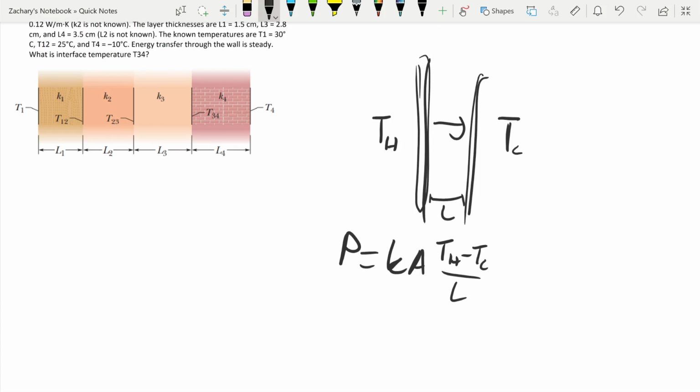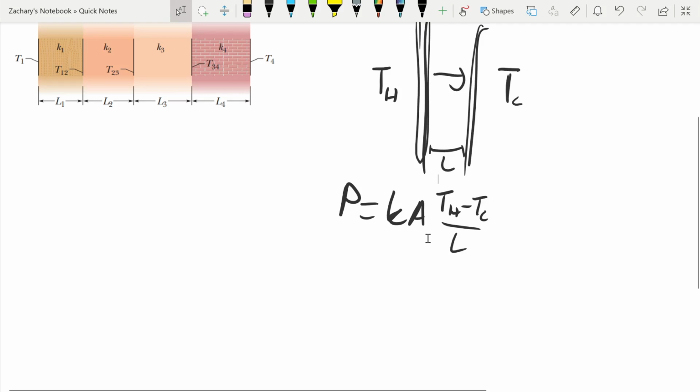Intuitively, the thicker the slab is, the lower the rate of energy transfer should be, because it has to take a longer path to get through the wall. And the larger A is, the more energy should be transferred through, because there's more area for it to go through. So this A over L part makes sense.